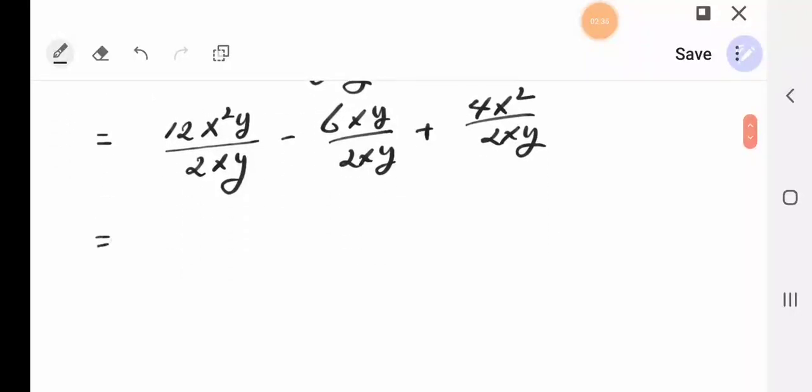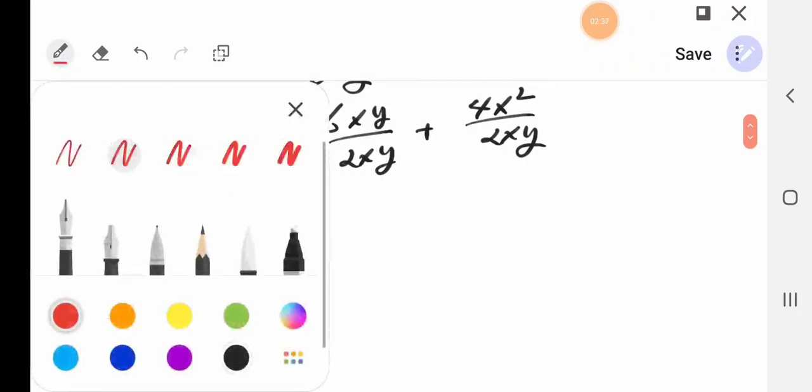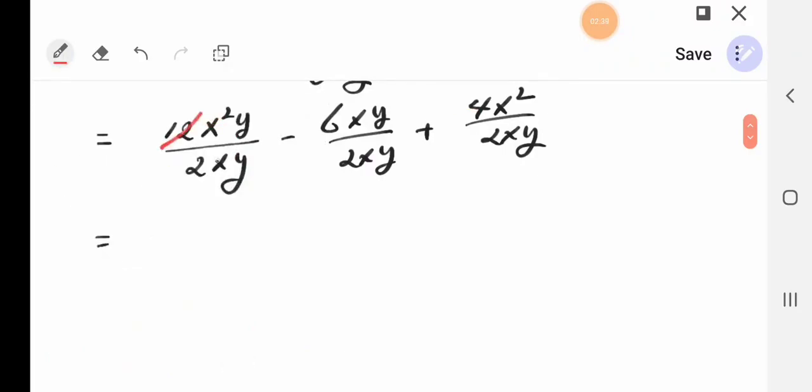Then simplify each term. So here we can reduce 12 by 2, which is 6. 2 by 2 is 1. So you can write it as 6x to the 2 minus 1, and then y cancels out. The minus 6 over 2 is 3. X cancels out, y cancels out.